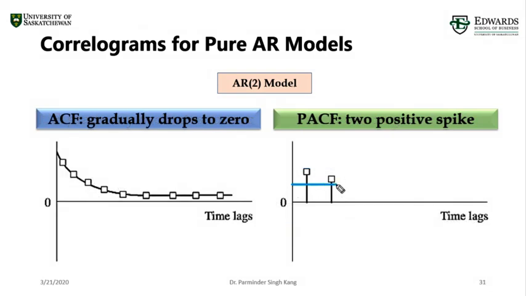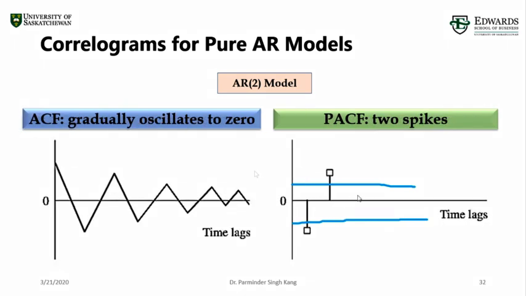Two positive spikes beyond the 95% confidence level, with the rest within the 95% confidence level, is an AR2 model. And finally, you have another two spikes beyond the 95% confidence level, and the autocorrelation plot gradually oscillates to 0. So again, as I said, for the AR models, please make sure you look at these patterns carefully.